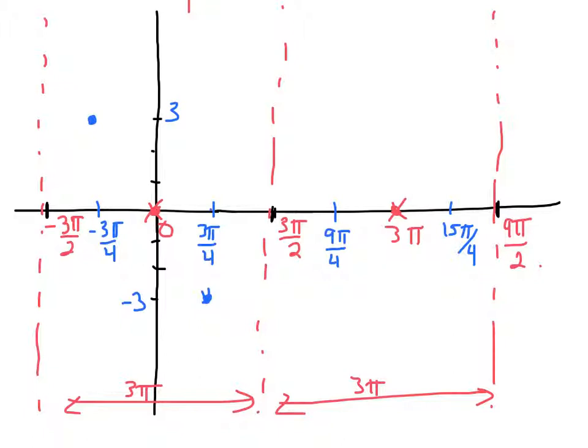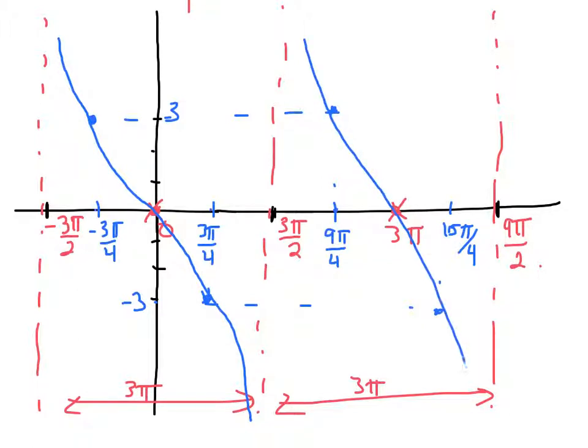So my graph is supposed to come here, cross there, and go near the asymptote. We're going to cut and paste and repeat it again. So if negative 3 pi over 4 went up to 3, I'm assuming 9 pi over 4 is going to go up to positive 3 as well. 15 pi over 4 is going to go down to negative 3. And if I cut and paste that graph, it's going to look exactly like that.